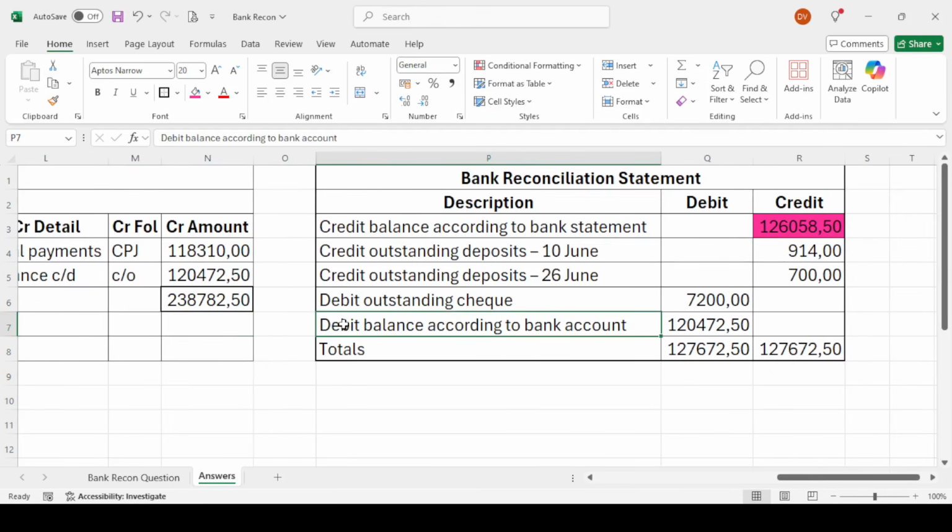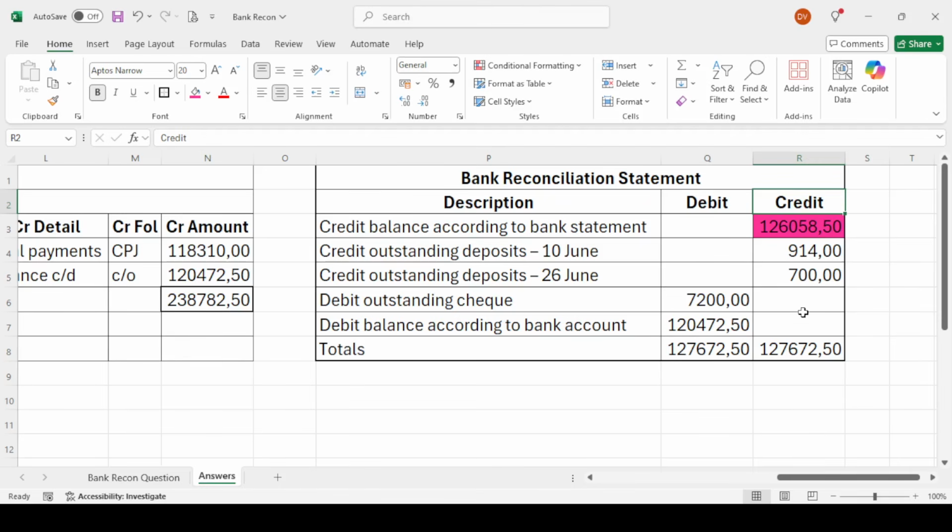Debit balance according to the bank account, 120,472 Rand and 50 cents. Okay, remember the bank is the other way around. It becomes more on the debit side and less on the credit side, like I explained to you on your trial balance. So if you don't know what I'm talking about, it makes me feel stressed, but please go and watch the video on the trial balance.